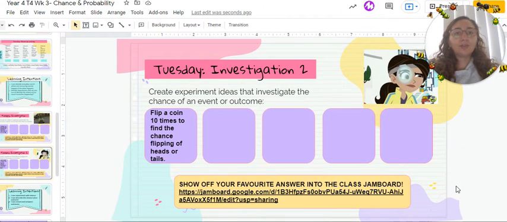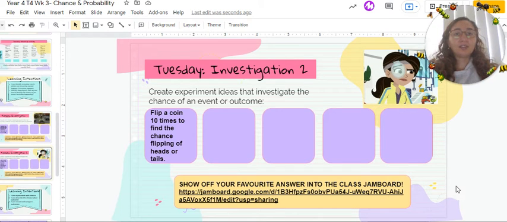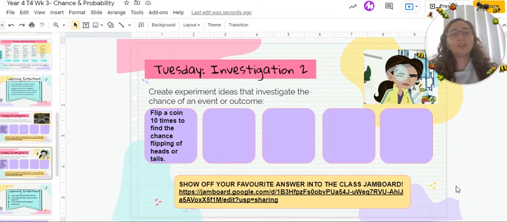So you could make one about dice and what are the chances you're going to roll a 3 using a 6-sided dice. Or that could be your whole experiment. And then you could say roll the dice 12 times or whatever it is.